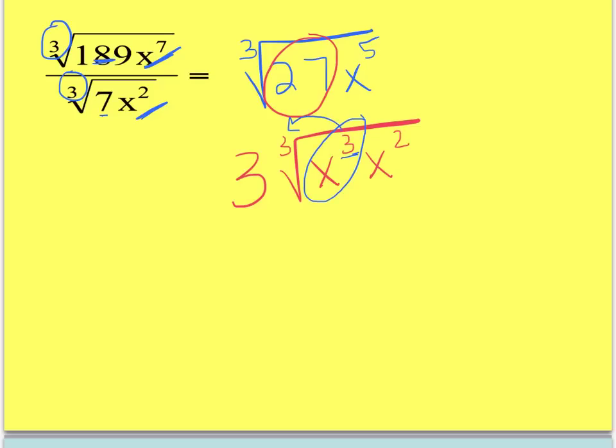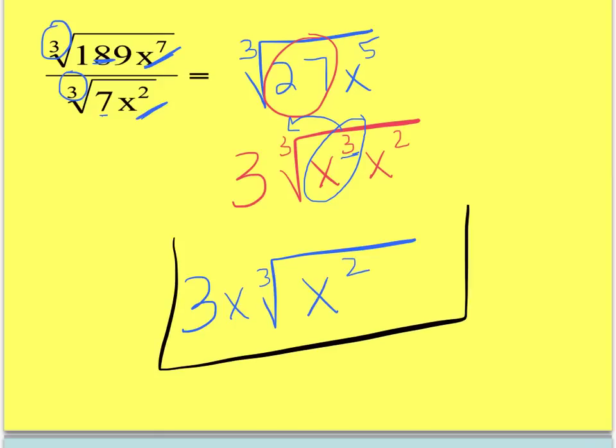And all the stuff that's not, I'm just leaving in the leftover pile, if you will. So this is 3x, because 3 divided by 3 is 1, on the cube root of x squared. And that is my final answer.